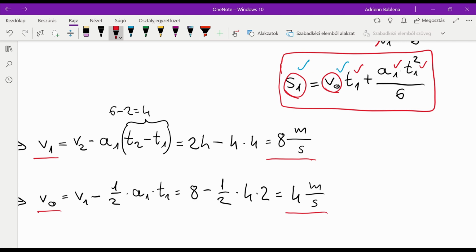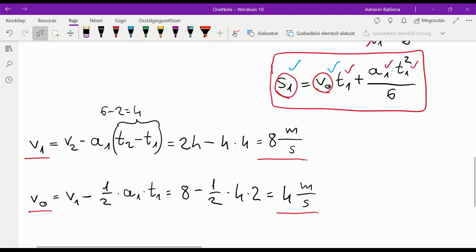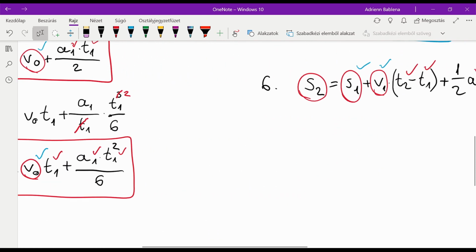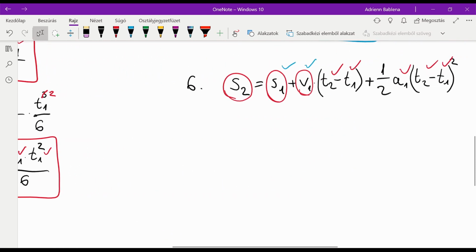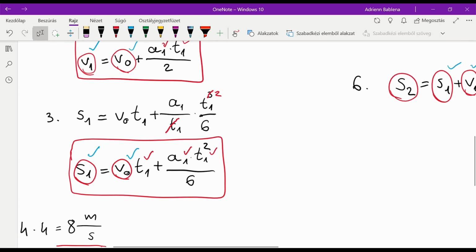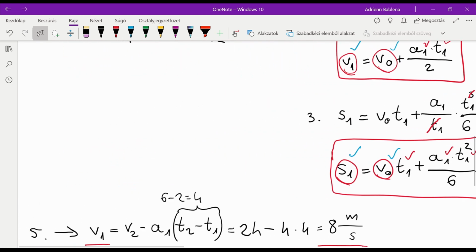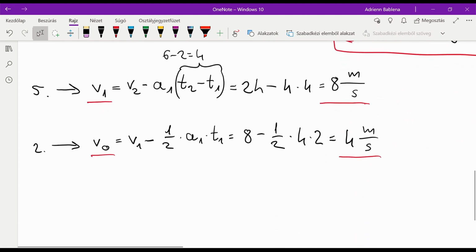Now we know V1 and V0, so we can use not the sixth, but the third equation.